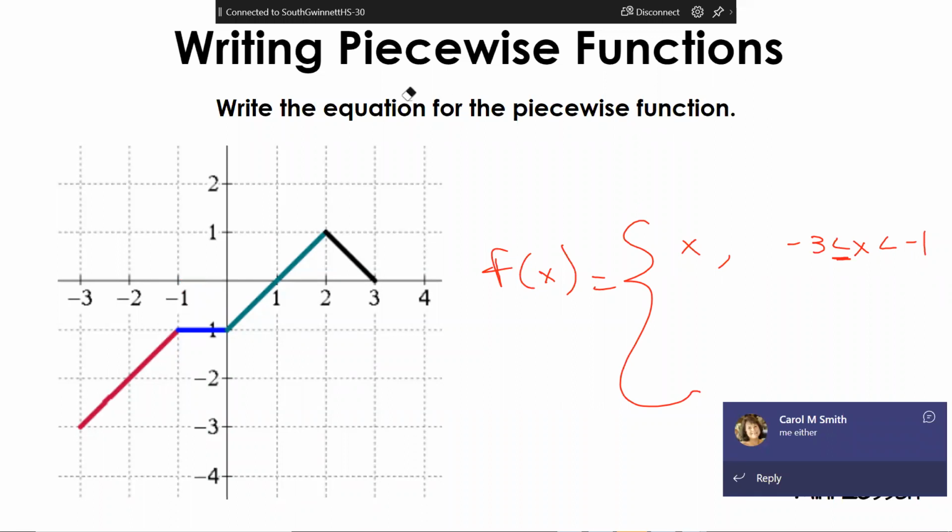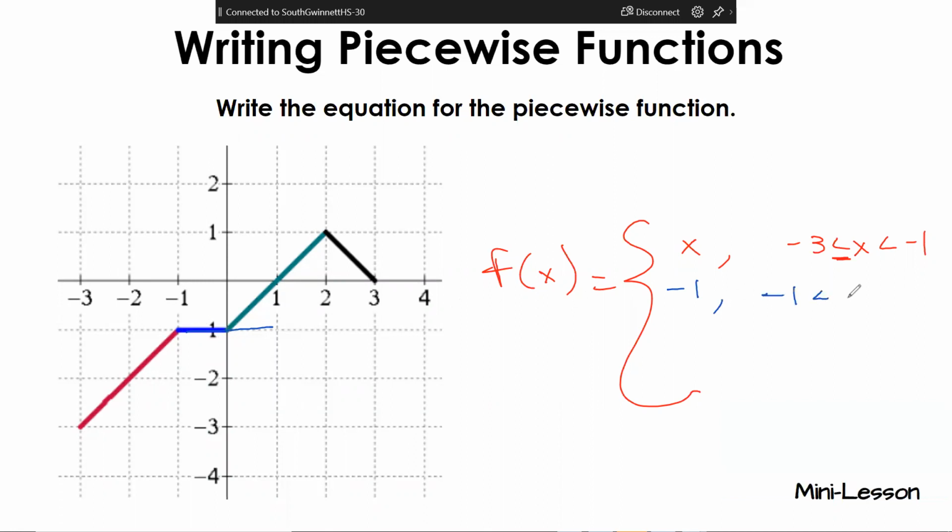On the next one, we see that it's a horizontal line. And if we extend it, it crosses at -1. So this is going to be y equals -1. And that's going to happen between -1 to 0. Now we see that this blue is laying over this red. So we're going to say that that does include on that left-hand side.